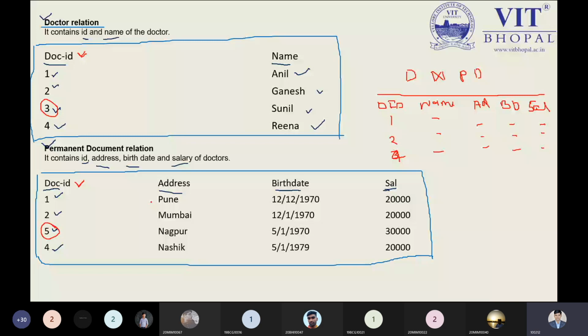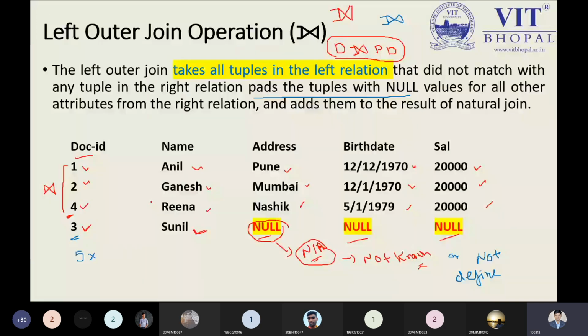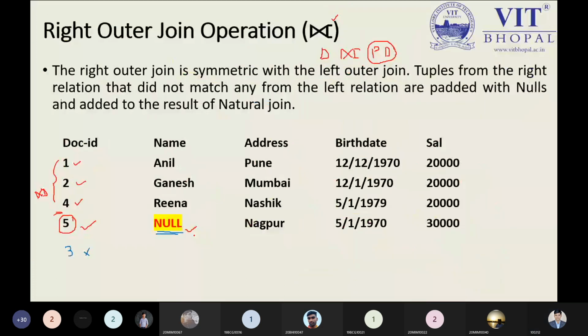The name attribute does not exist, so we have null.